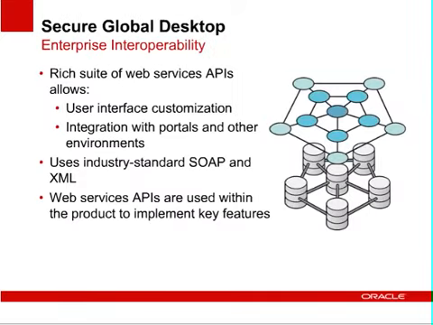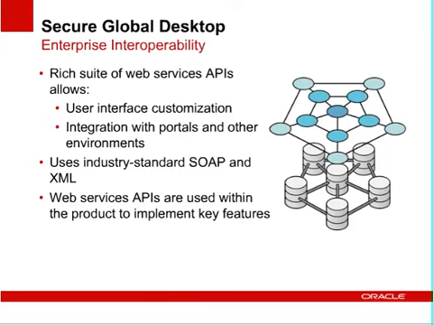One of the things that we added in Secure Global Desktop over the years was the notion of enterprise interoperability. Each component of the SGD product has a set of APIs and web services that allow them to be controlled remotely. So we can change the user interface. We can integrate with portals and other environments on the front end.